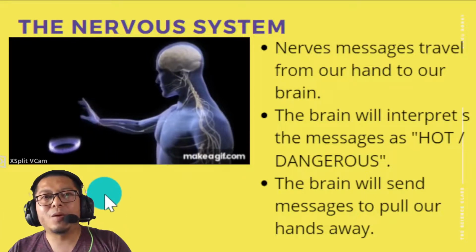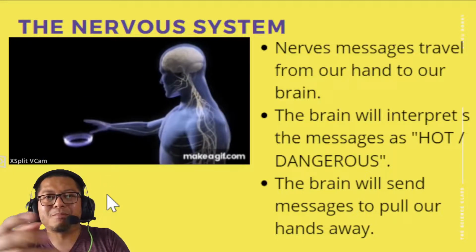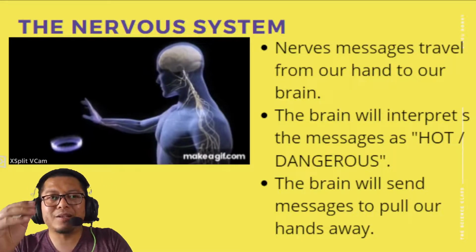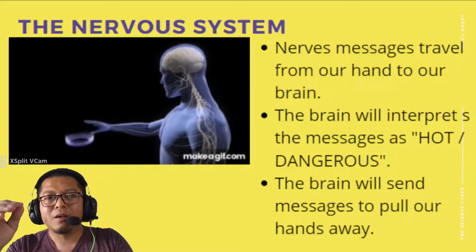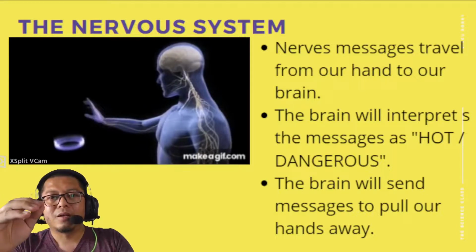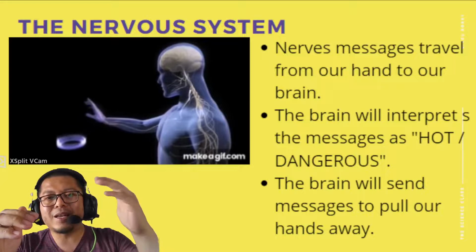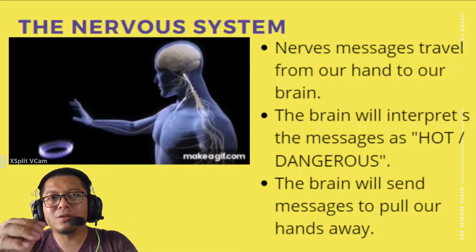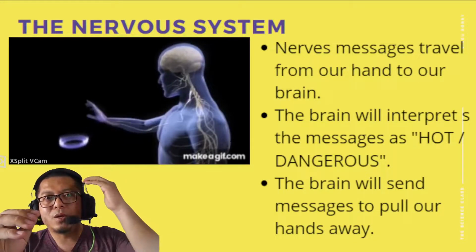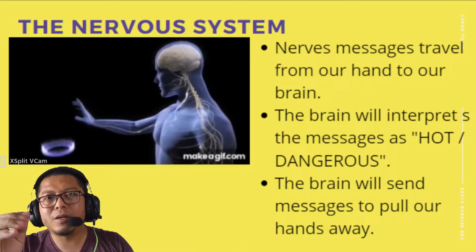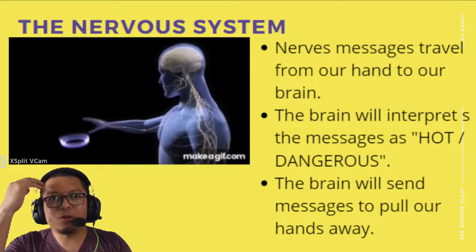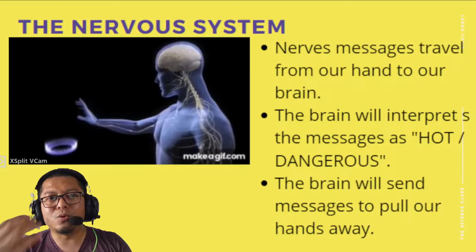So it's more like very fast text messaging. Something happens in your hand when you touch something. If it's hot, it sends a message to your brain, and your brain translates it as hot or dangerous, and you pull your hand from the dangerous object because your brain told your hand to do so.